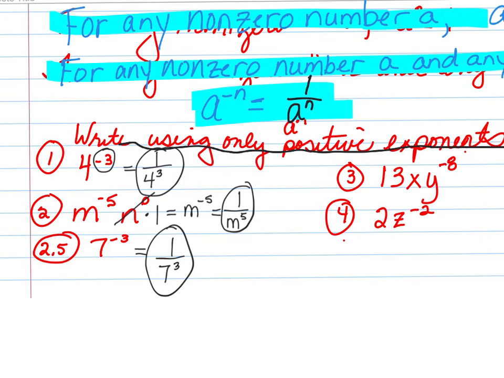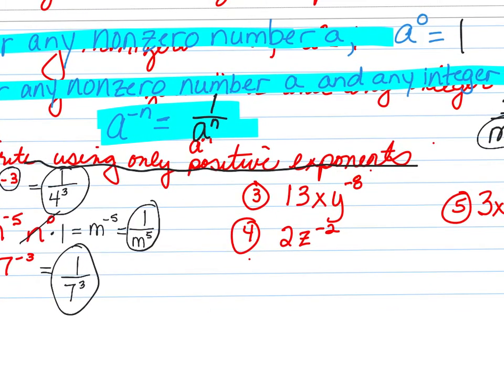Look at number 13. Or no, not number 13. How about number 3? It says 13x y to the negative 8th power. I lose some people here. Okay? What is the exponent on 13? 1. You can't see it, but it's there, right? It's a 1.